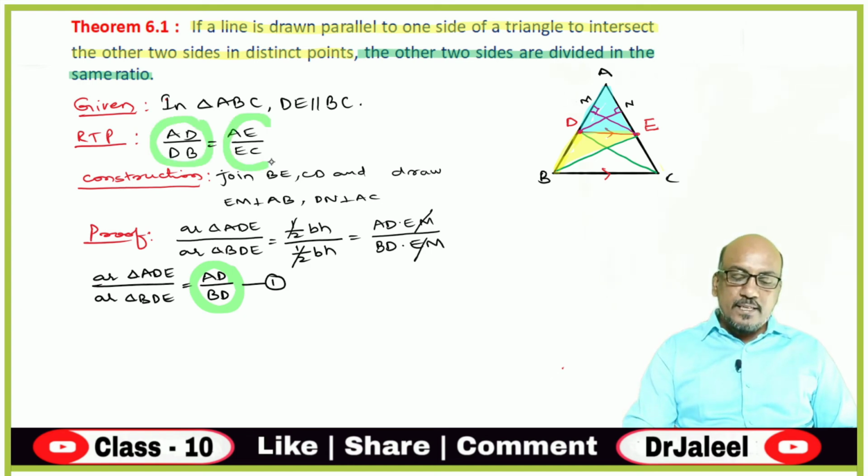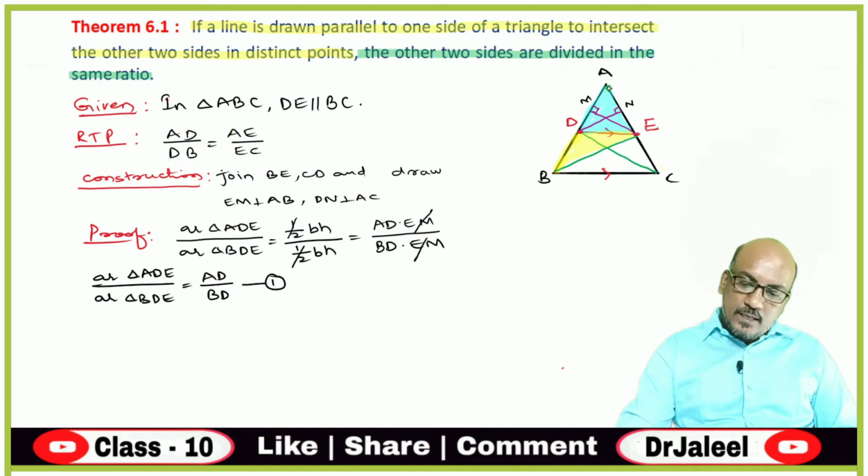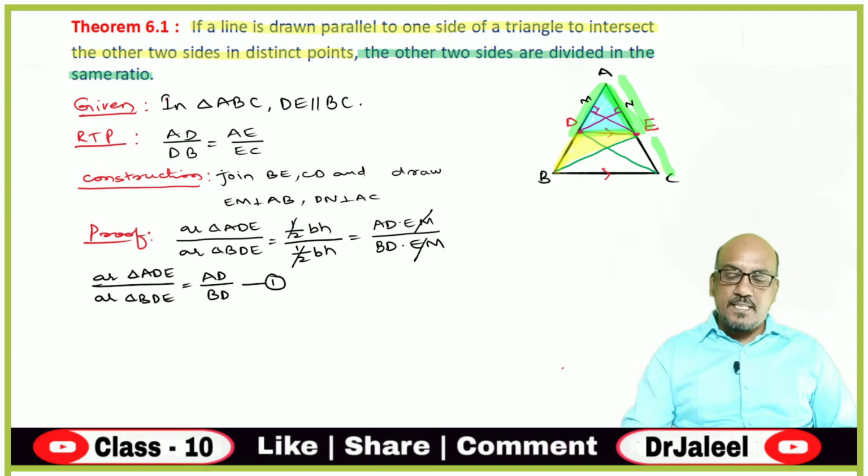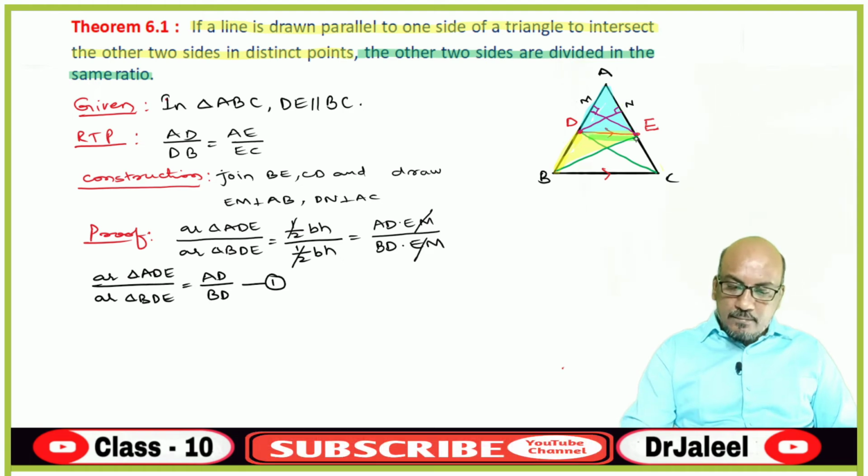Now we still need to get the right side, that is AE by EC. Now what is the triangle which is on this AE? ADE. What is the triangle which is on this EC? CDE. So we will take these two triangles now. Let me shade this triangle, whatever I am talking about.